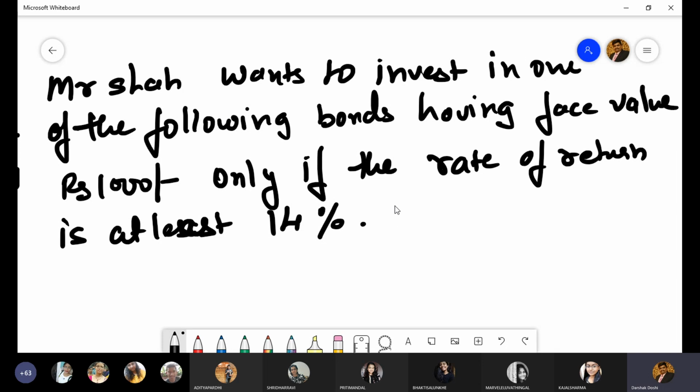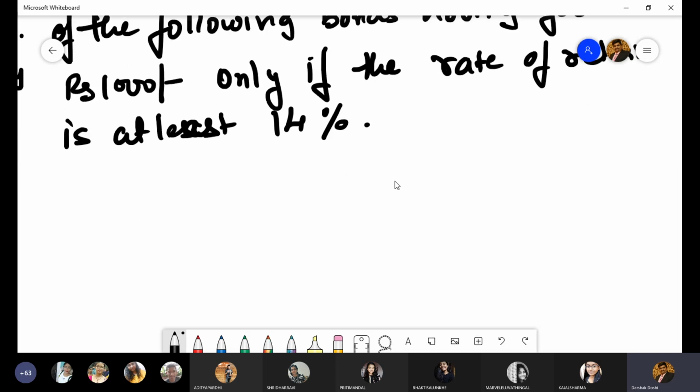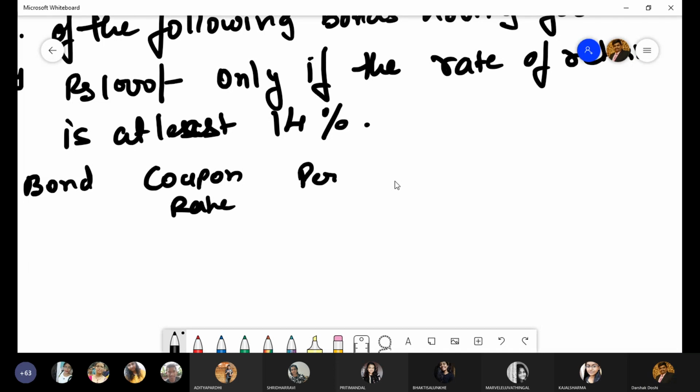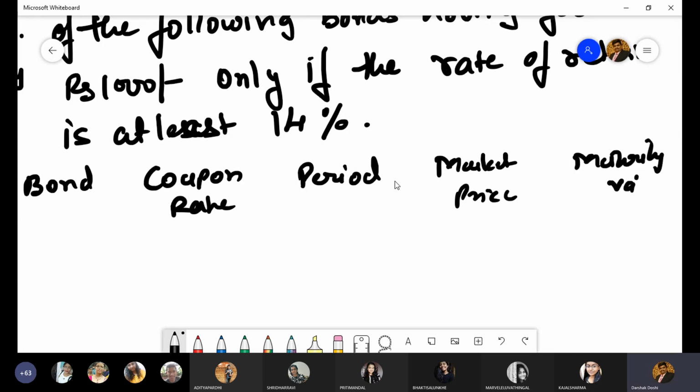Now you will have to write down data in table form. First column is bond, second is coupon rate, third is period, market price, and maturity value.